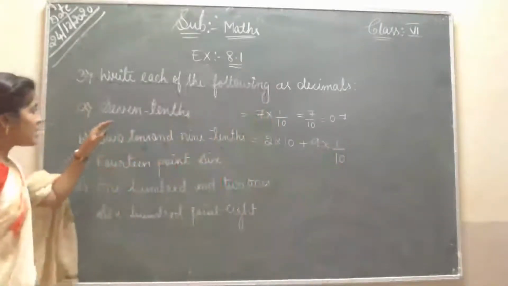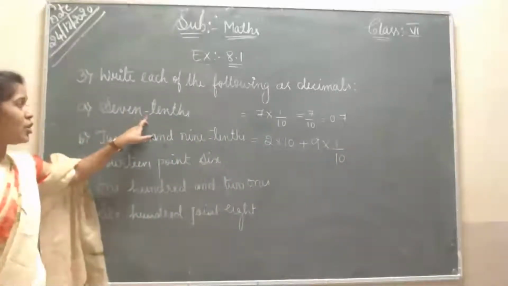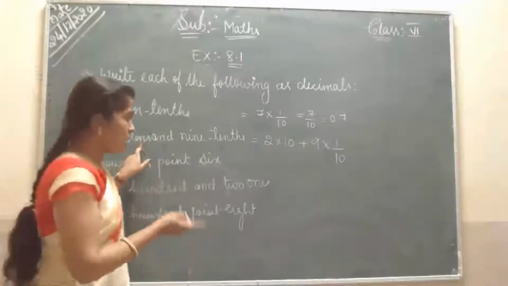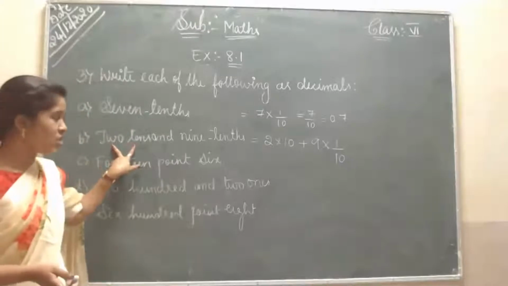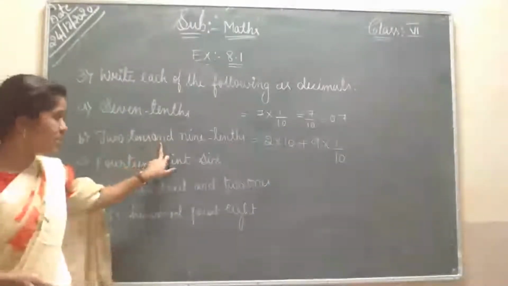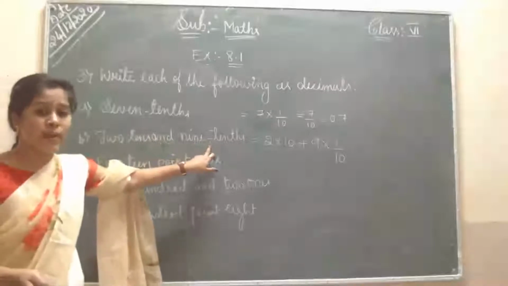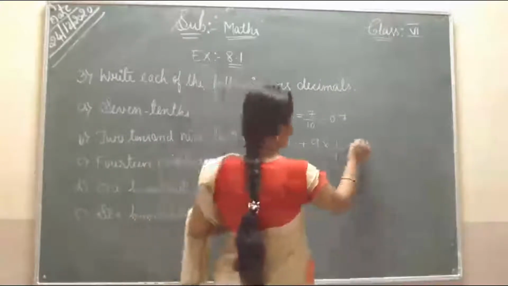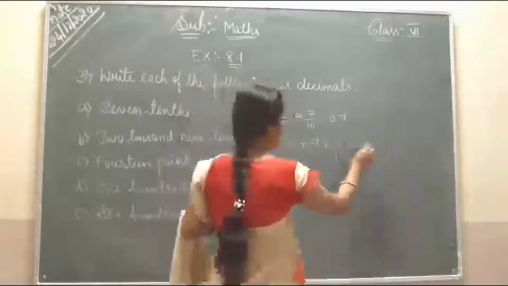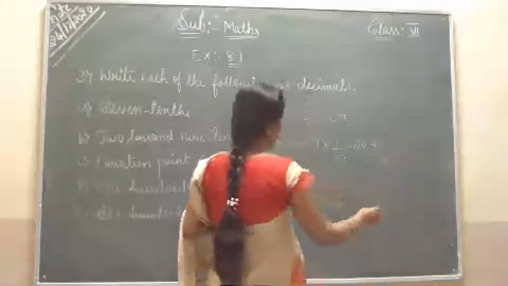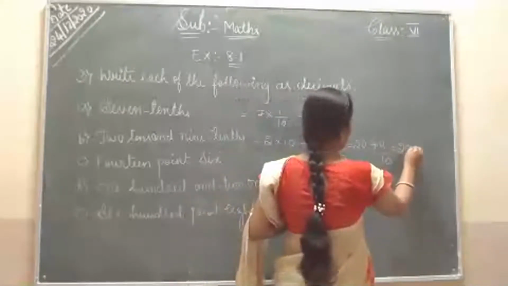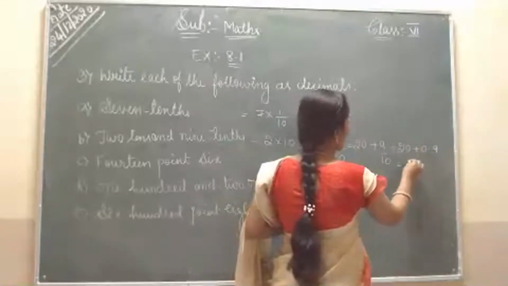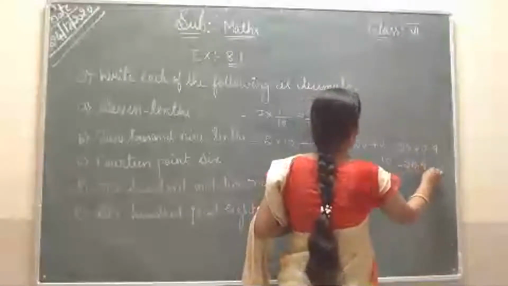Once again I will explain: 2 tens means 2 into 10, and plus 9 tenths means 9 by 10. Rearrange this and solve: 20 plus 9 divided by 10. So 20 keep as it is, plus 9 divided by 10 is 0.9. Add 20 and 0.9, 20.9 is the answer.